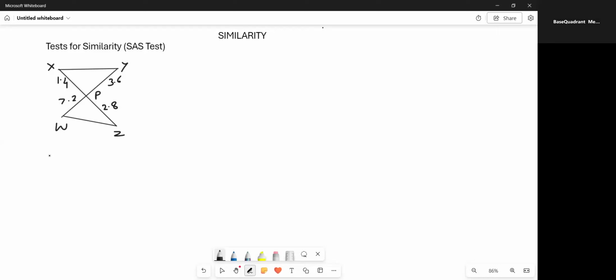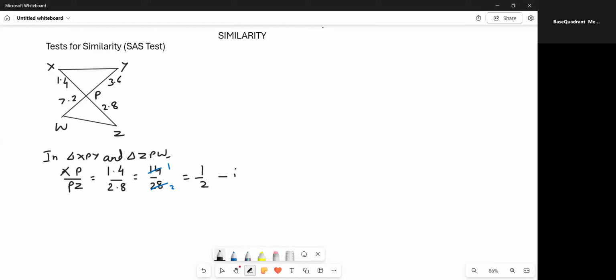XP upon PZ, in triangle XPY and triangle ZPW, XP upon PZ is 1.4 upon 2.8, which on multiplying numerator and denominator by 10 is 14 upon 28, which on cancellation is, 14 ones are 14 and 14 twos are 28, so it is 1 upon 2, equation 1.